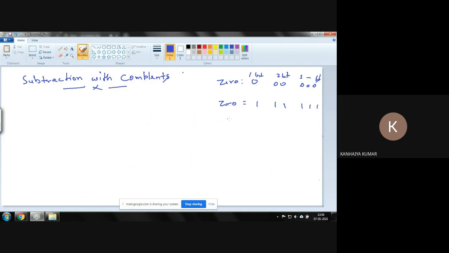Let's say this was the one's complement of 0. So what should be the two's complement of zeros? We have to add plus 1.